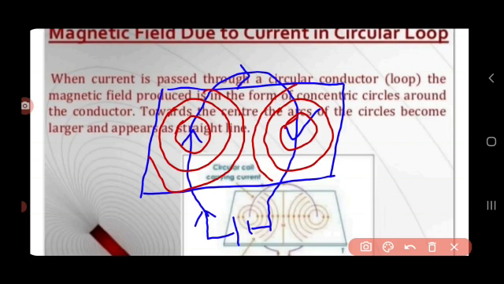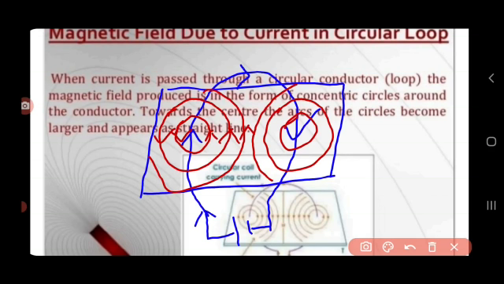And in the next part, current is moving in the downward direction, so we keep our thumb downward, and curling is done in the clockwise direction, and that gives the direction of the magnetic field in this particular wire. So this is the magnetic field pattern of a circular loop carrying current.